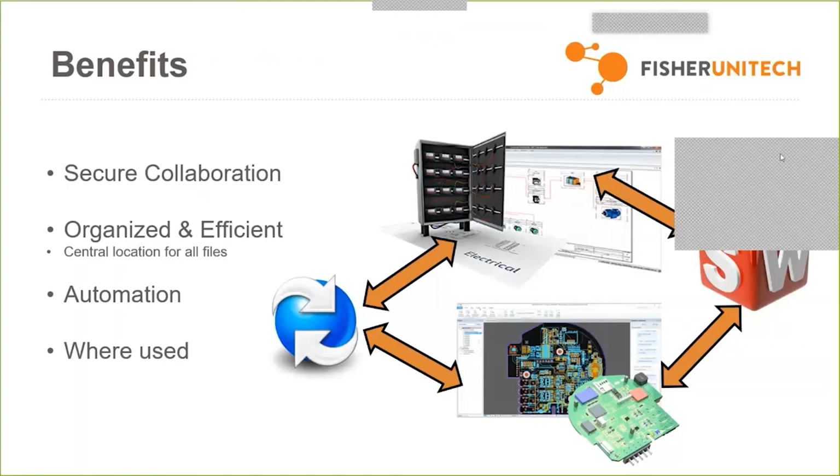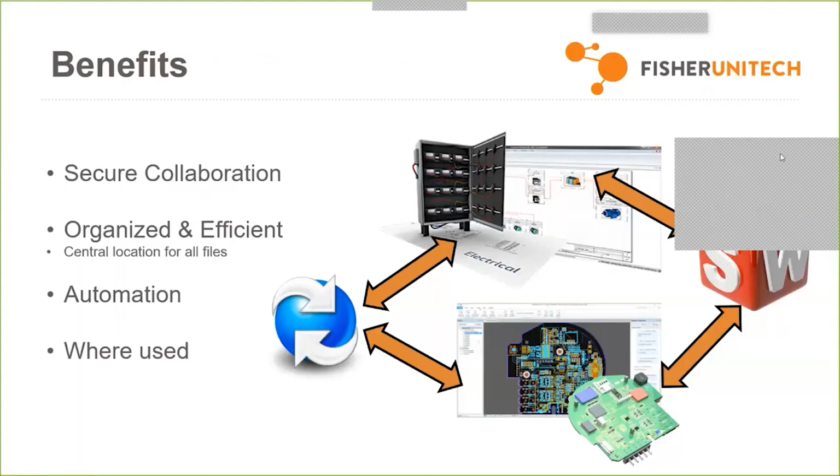I know this was a lot in a minimum amount of time, but I just wanted to show you it installs a little different. It's in the admin tool. Your manufactured parts and components can be in the vault. So you get the benefit of the where used. You get the benefit of the secure collaboration. Everything's going to be organized and efficient.